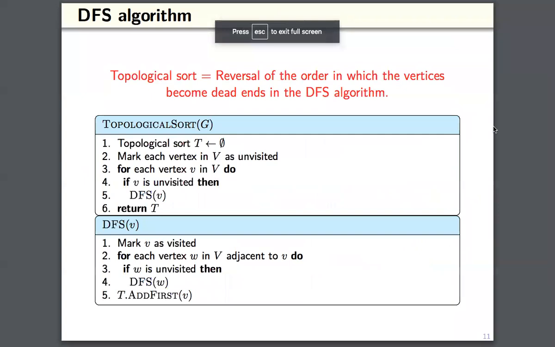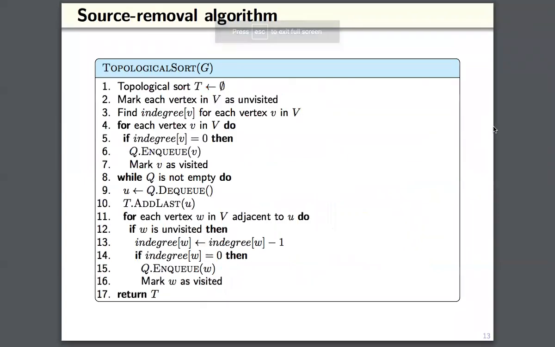Okay, let's come back to code here, right? So q dot nq, that means whenever the in degree is 0, you add it to the queue, mark v as visited, while q is not empty, right? Very similar to it. dq, remove it, dq. T dot add last. Why did we do this?